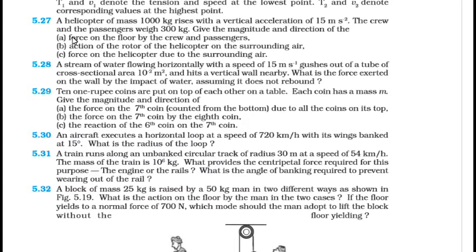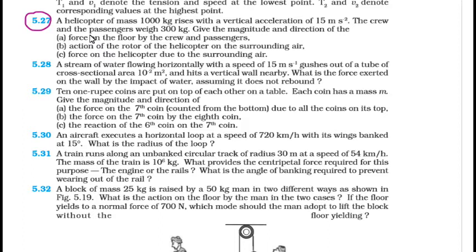Now we'll do question number 5.27. A helicopter of mass 1000 kg rises with a vertical acceleration of 15 meter per second squared. The crew and the passengers weigh 300 kg.